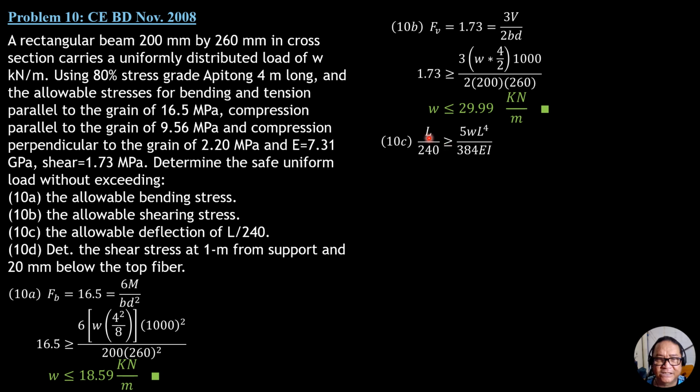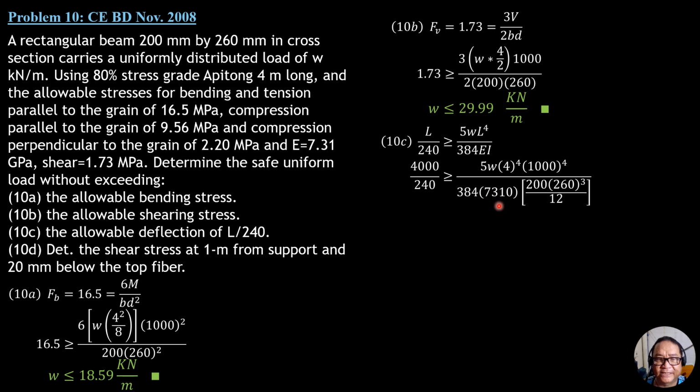So this is 4000 mm over 240 should be greater than equal to 5W, then 4 to the fourth times 1000 to the fourth. The reason we multiply that by 1000 to the fourth, because the unit here is kilonewton meter cube. So to convert kilonewton meter cube to Newton mm cube, that's the reason.